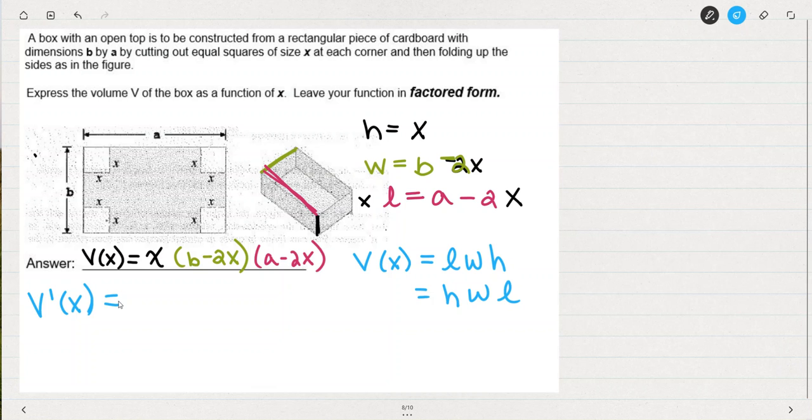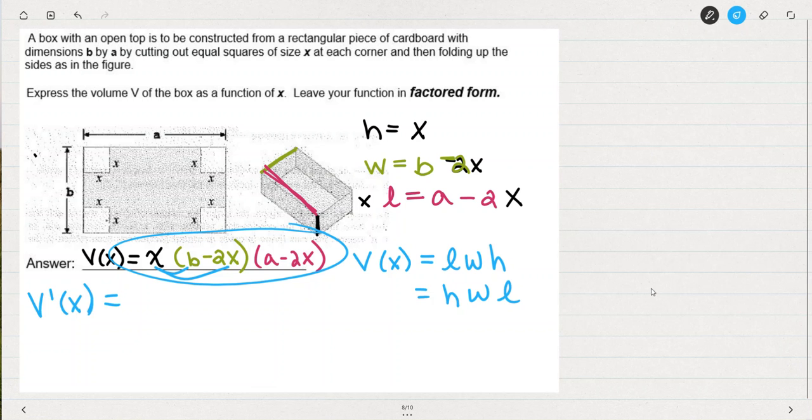I'm going to stop here and say that to do that we could distribute the x and then use some FOIL and expand this to get a third degree polynomial. After we had that expanded, we would just have a polynomial, and we could find the derivative of that polynomial using the power rule.